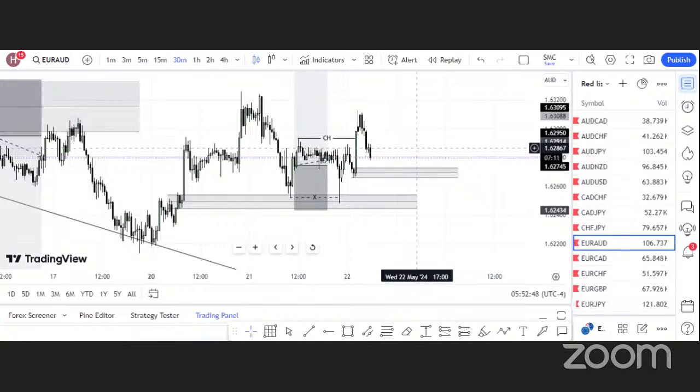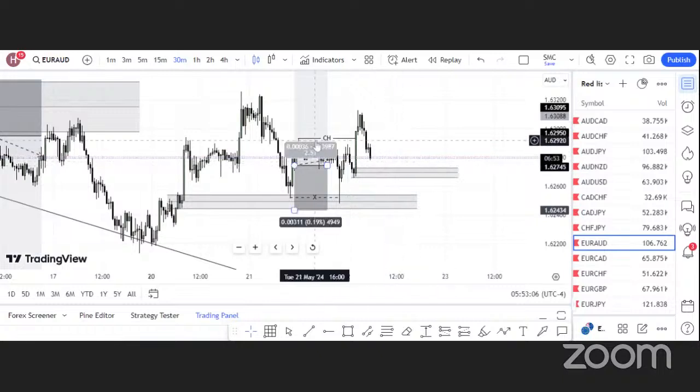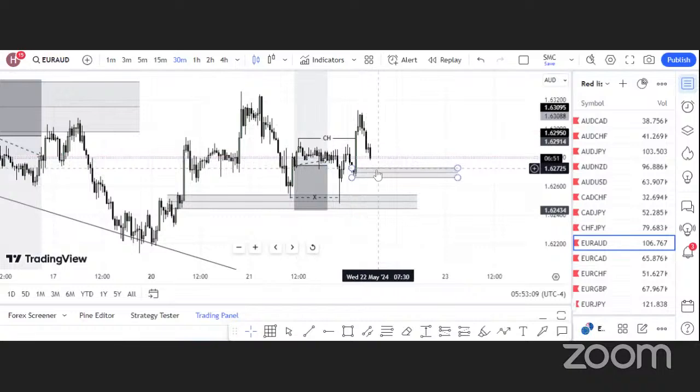Okay, that's our order block, and the market is trading down. Let's see if it's going to get to this point and reverse from there.